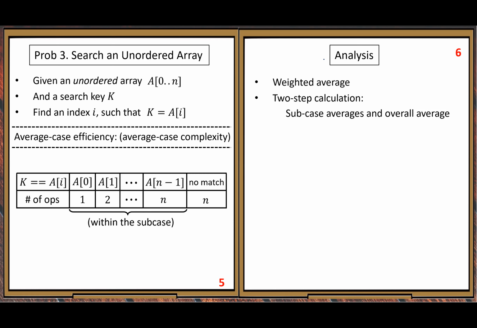All right, first we treat the first subcase, the matching case. How about the matching subcase?